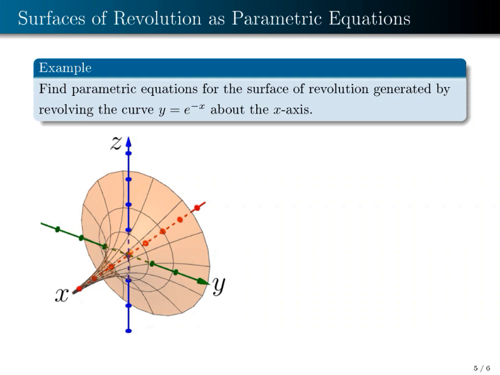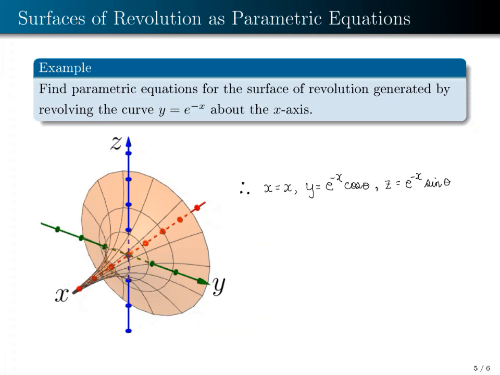Hence, parametric equations for the SOR are x is equal to x, y equals e to the minus x cosine of theta, because our plane curve is y equals e to the minus x, and so f of x here is e to the minus x. And z equals e to the minus x sine of theta.